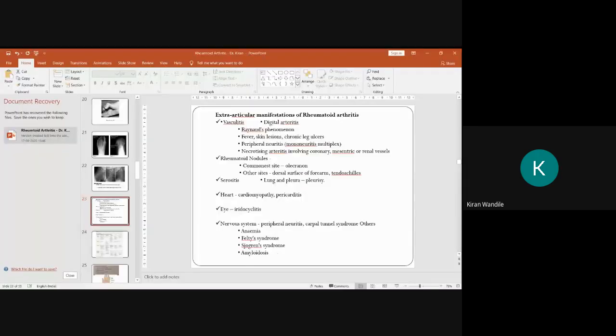What is Felty's syndrome? Neutropenia, splenomegaly. That is fine. A few more components. How do you remember all five components of Felty's syndrome?